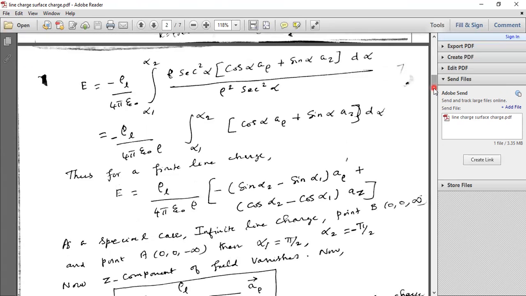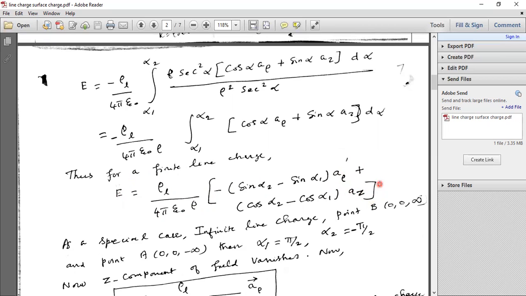We integrate with respect to alpha from alpha 1 to alpha 2, and the integration leads to this result, the final value for a finite line charge. It contains the line charge density and is inversely proportional to the rho value, which indicates the electric field intensity is a function of A rho and AZ.